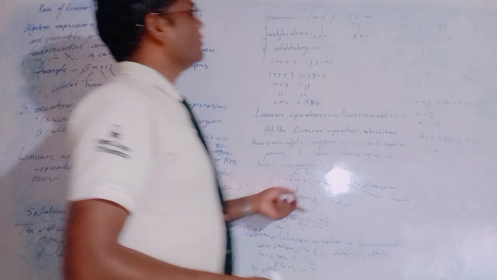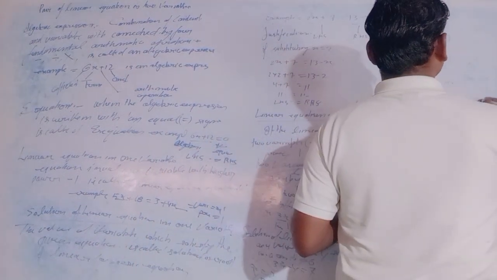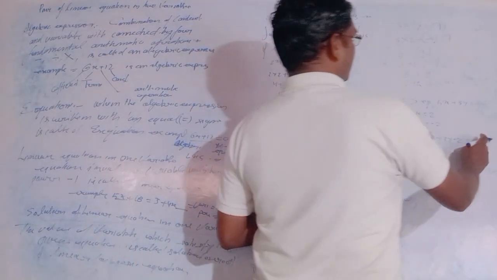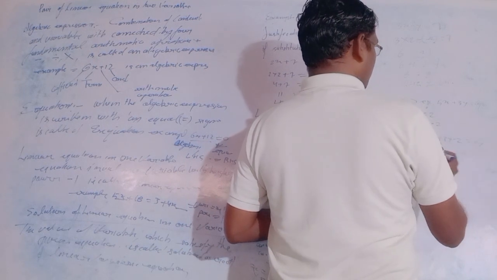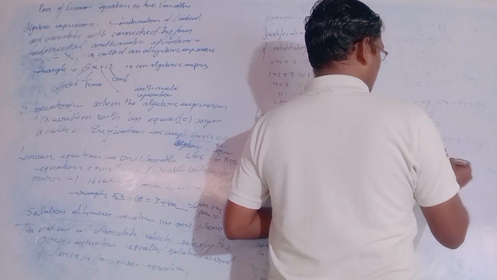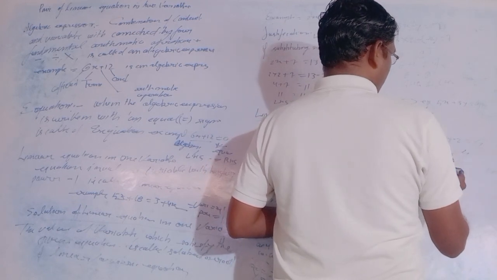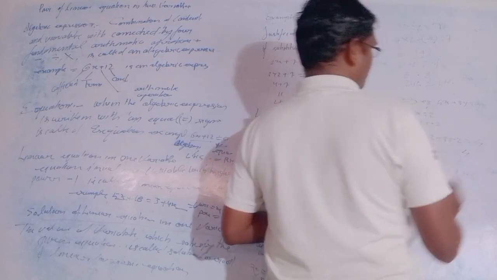So if the value given here is 4, then it will always be 4. Then RHS is equal to LHS, so it is a satisfaction.